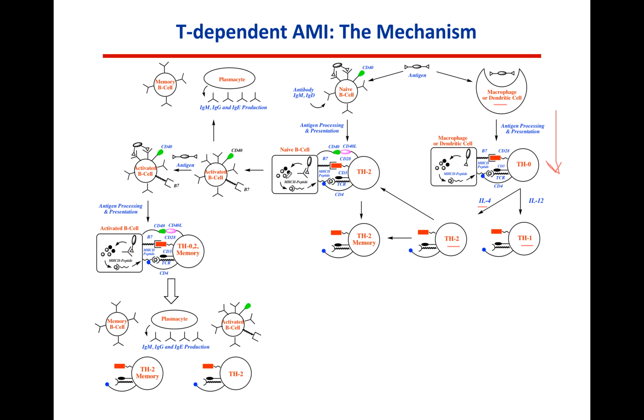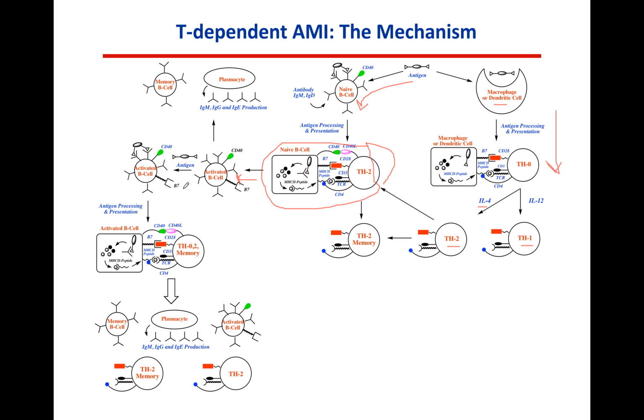These Th2 cells can go and interact with a B cell. The naive B cell, which has interacted with the antigen, is producing a certain antibody, and then the Th2 cell and the B cell form a complex, which leads to activation of the B cell, and the B cell activation leads to plasmacytes production and memory B cells being produced, with further interaction with the antigen.